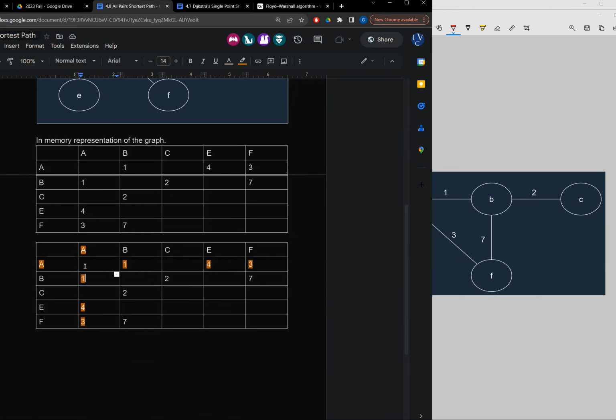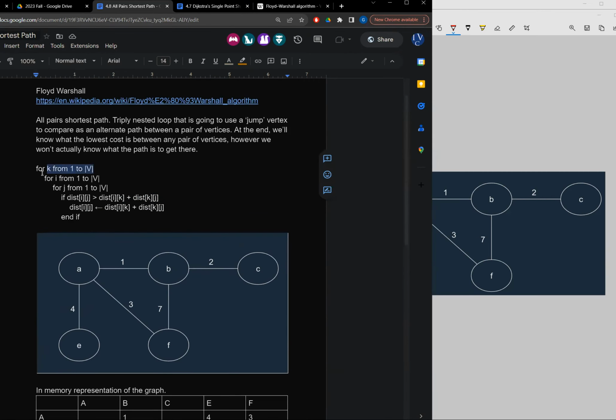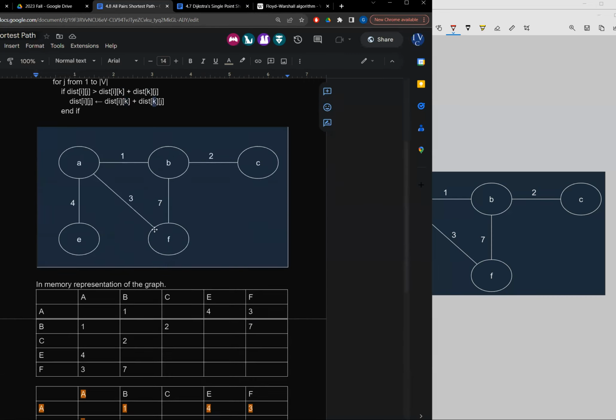We're still using A as our source vertex here, right? So things aren't changing for a while on the outer boundary. You can see that K is basically the fixed value in the code here because it's the outermost loop, so it's not changing very much. That's basically representing our source vertex or our jump vertex.